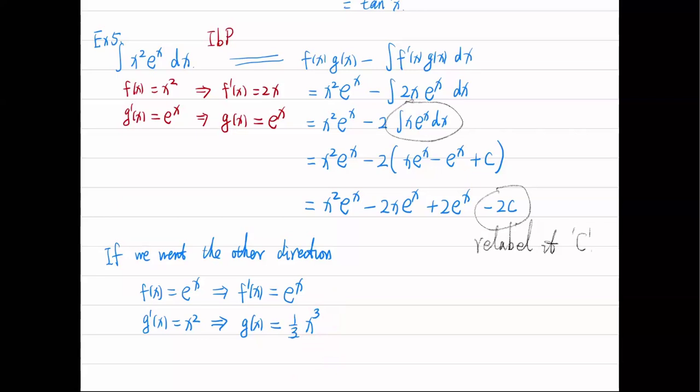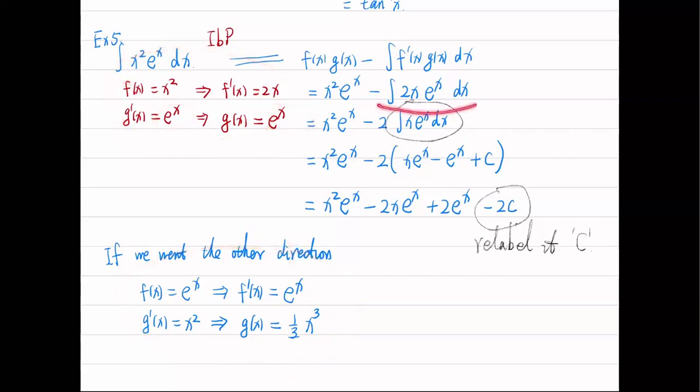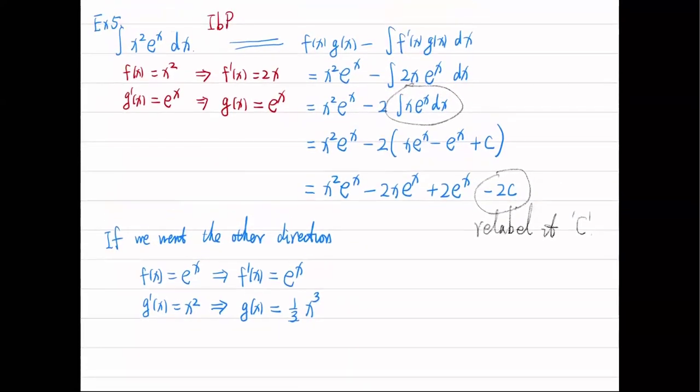Okay, now let's compare these two setups. The first setup, this one is not complicated, and this becomes simpler, so we get a simpler integral. If we go in this direction, what we get is f(x)g(x) minus the integral of f'(x)g(x).